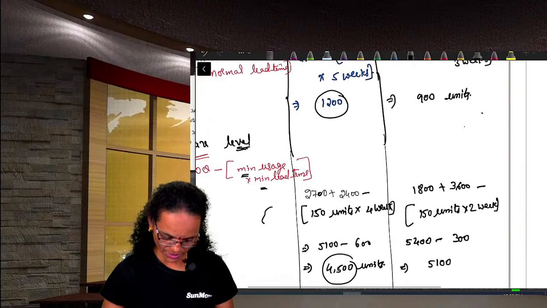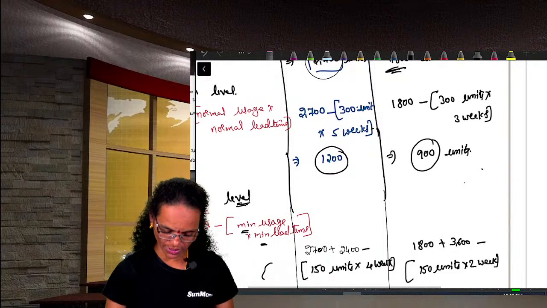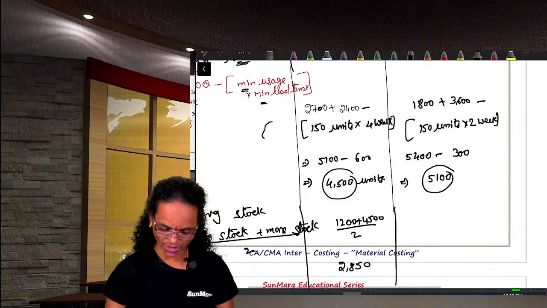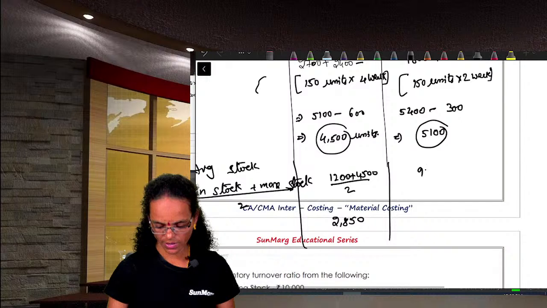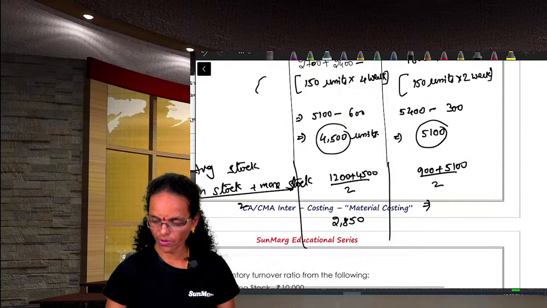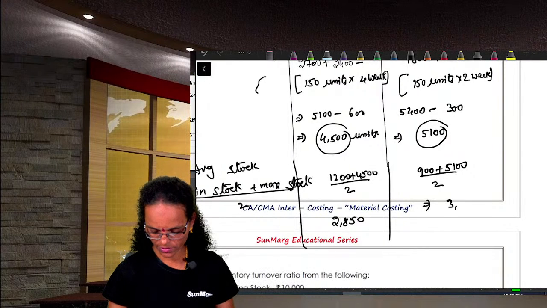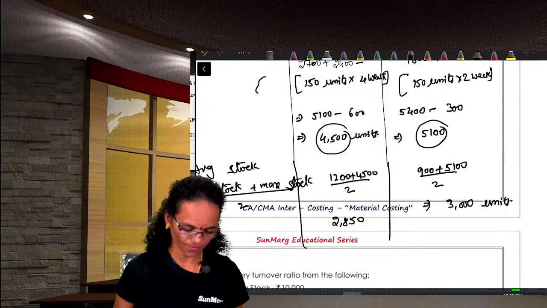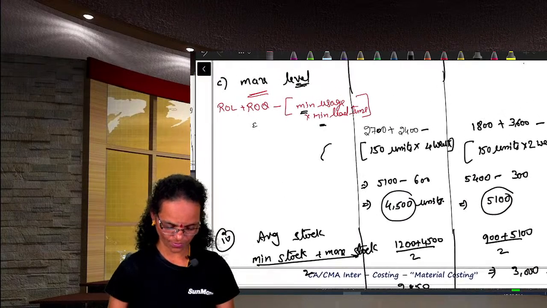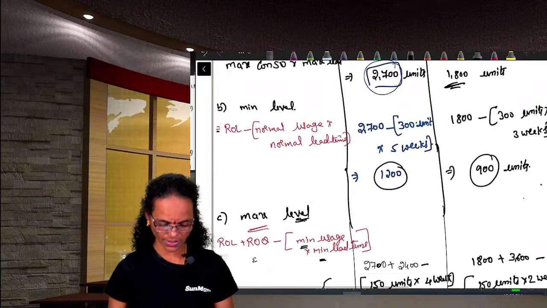And for B, minimum stock 900 units, maximum stock 5100 units, 900 plus 5100 divided by 2, 3000 units. Clear, right?